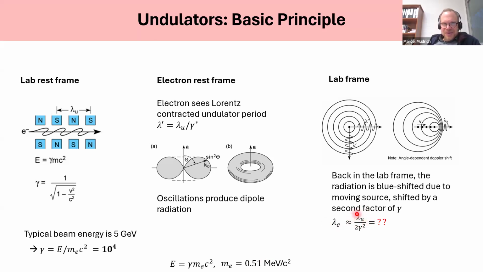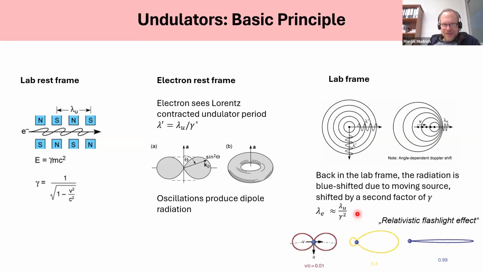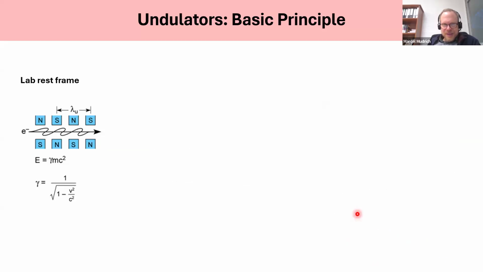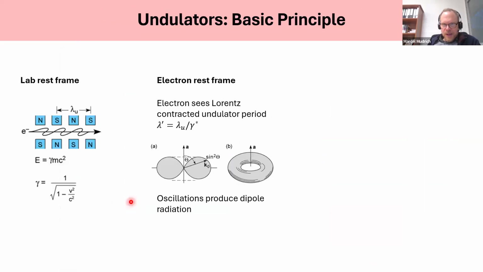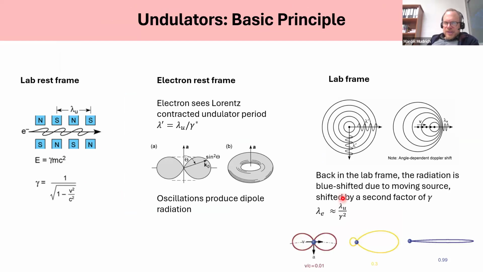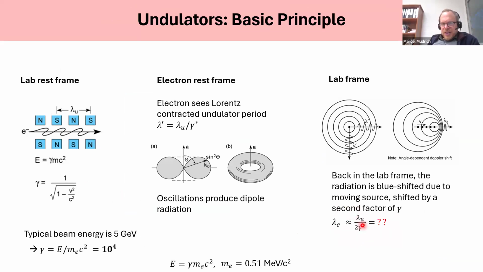How long was the undulator period? That was on the previous slide. The undulator period is about the length of these permanent magnets, 2 centimeters. So 2 centimeters divided by, conveniently, this factor of 2 gamma square.